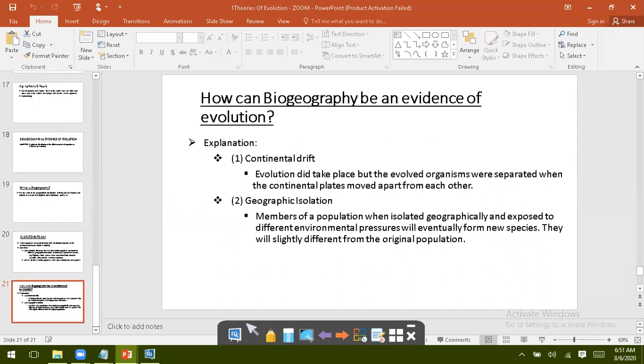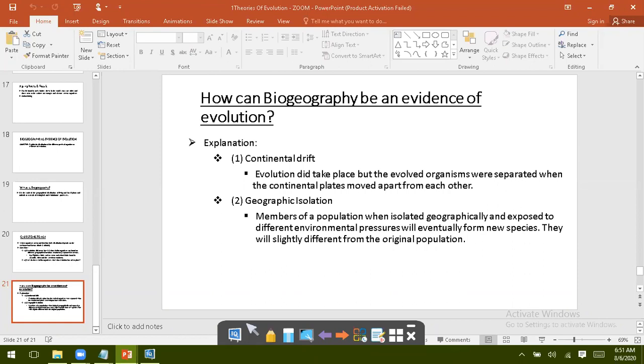Okay, this can be explained this way. Continental drift. Evolution did take place, but the organisms that evolved were separated by continental drift, or the movement of the continental plates, according to plate tectonics theory. So we know the continents are just plates of crust that are sitting on the molten lava, and so they can move about.